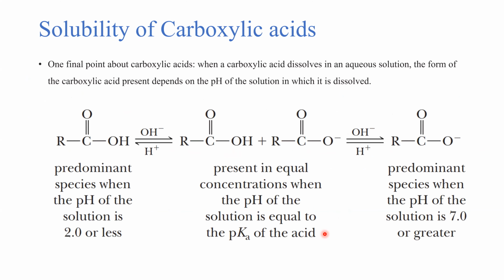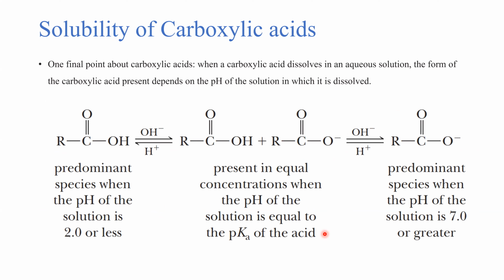So next is the solubility of carboxylic acid. Though carboxylic acids have a polar covalent bond, if we keep on increasing the R chain, and with the aromatic ones, they are mostly not soluble in aqueous medium, or they have very little solubility in aqueous solution.